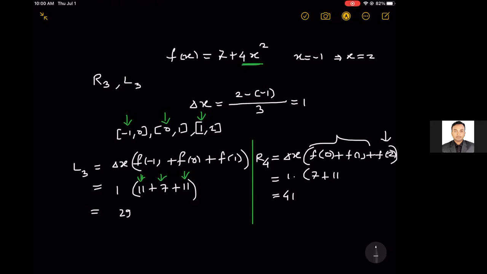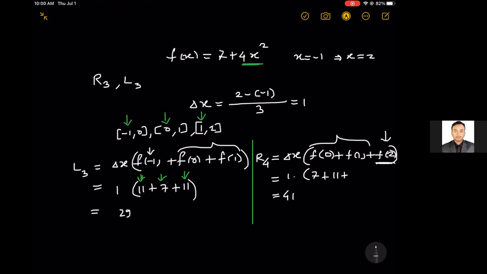It will give you the same result. All you need, in addition to the left Riemann sum, is just this one. Or if you are doing the right Riemann sum first, you'll just need the leftmost point. The rest can be derived from the right Riemann sum. So whichever you do first, you can use the values in the other one.